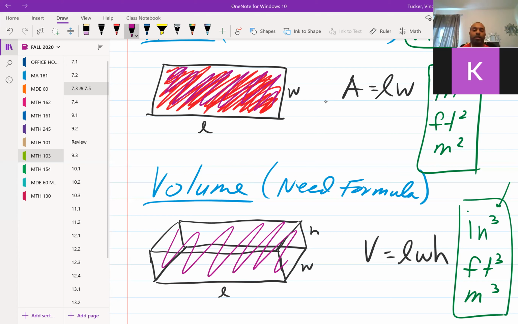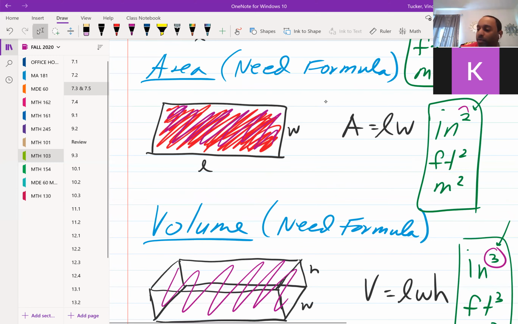So now when you do your calculation to find the perimeter, area, and volume, you're always going to know which one you've calculated by the type of measurement that you have left. When I look at the volume, I'm always going to be in cubic measurement. After I calculate the area, my measurement would be squared.